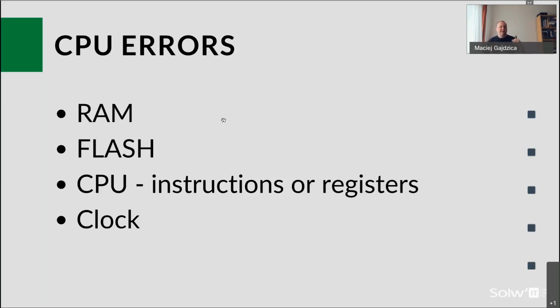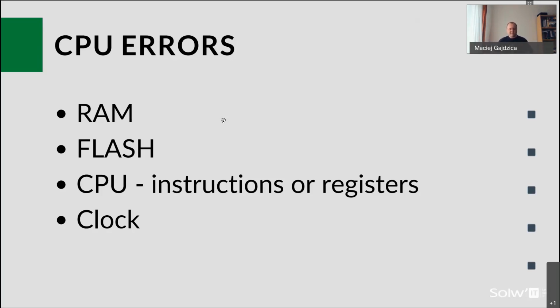We have RAM memory, we have non-volatile memory, we have a CPU with registers and some logic gates and transistors that are responsible for doing operations. We have clocking systems, interrupts, and so on. And any of those parts could be broken, could fail. And we must somehow prevent that from happening.